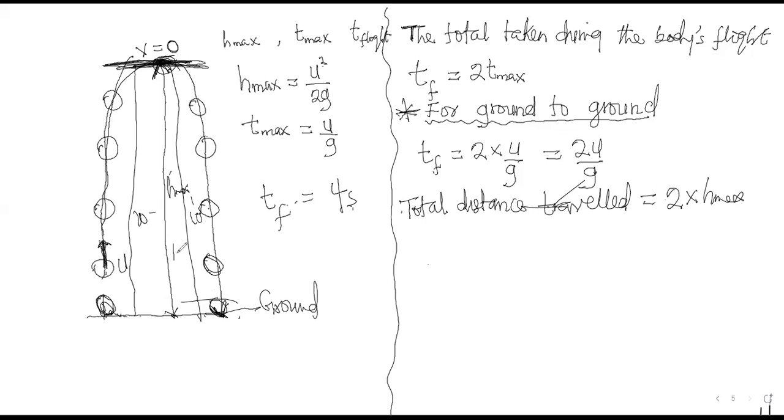All right. A question. A stone is thrown upwards with a speed of 20 meters per second. So the initial speed of the stone is 20 meters per second.